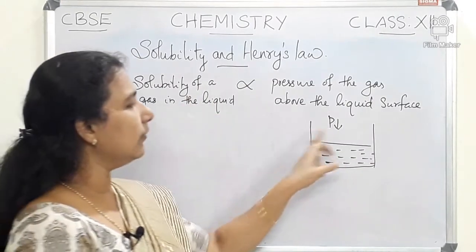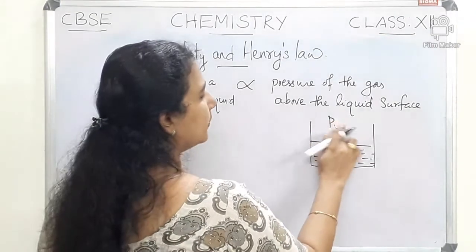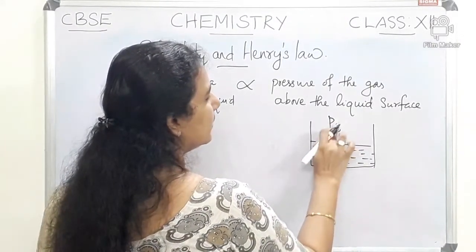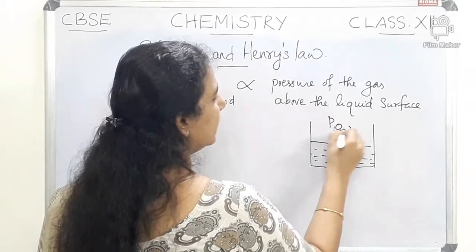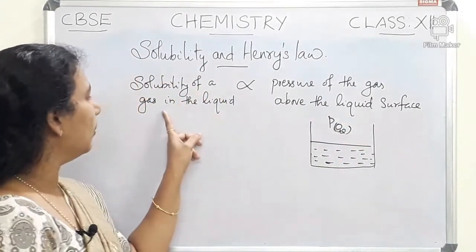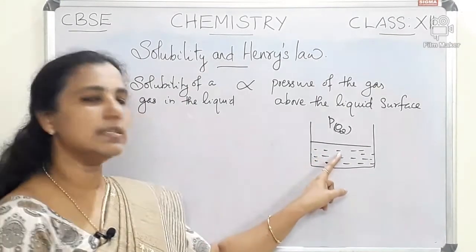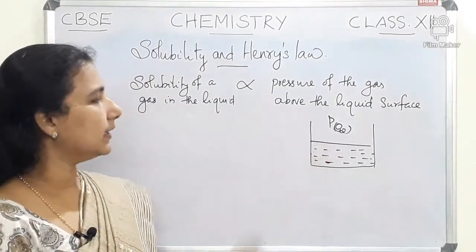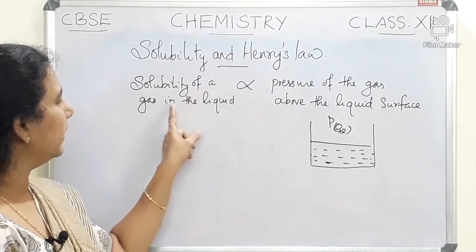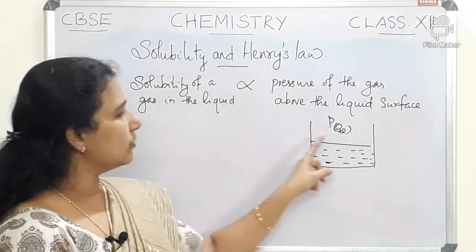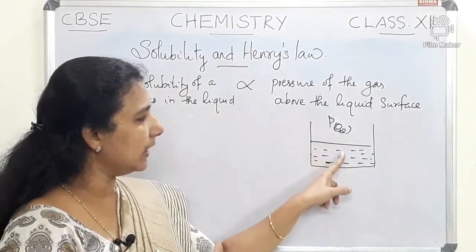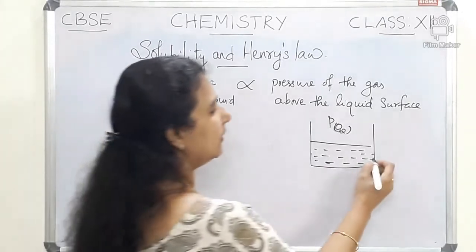So if it is oxygen, the pressure of that oxygen and the solubility of that oxygen in this liquid, both are directly proportional. That is the meaning of this law.